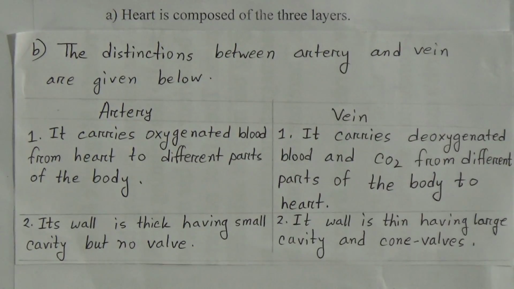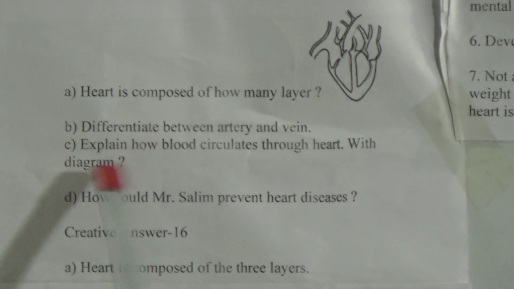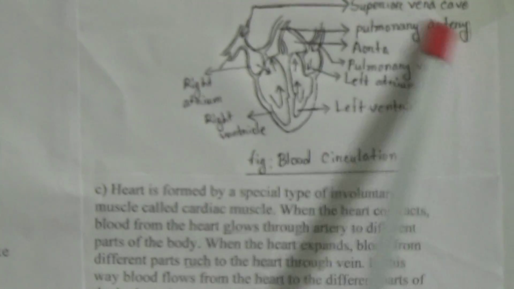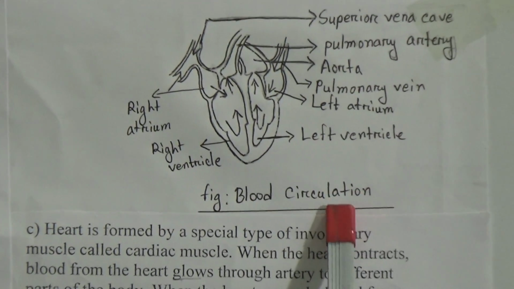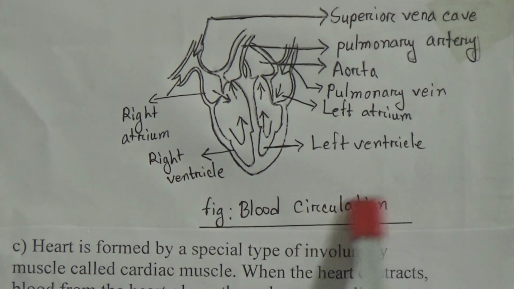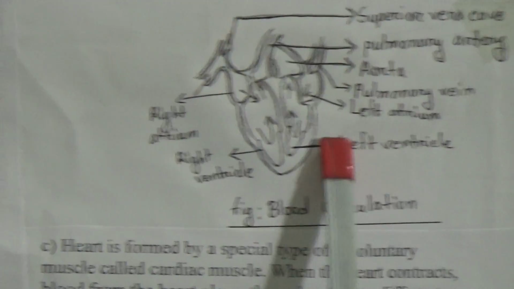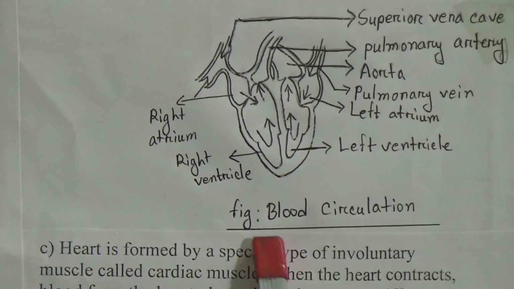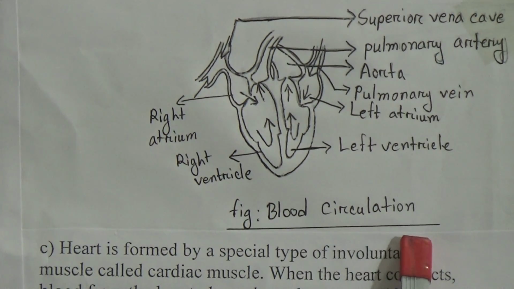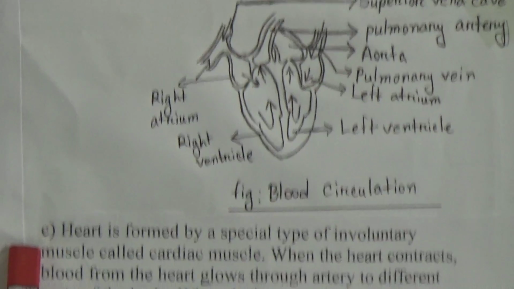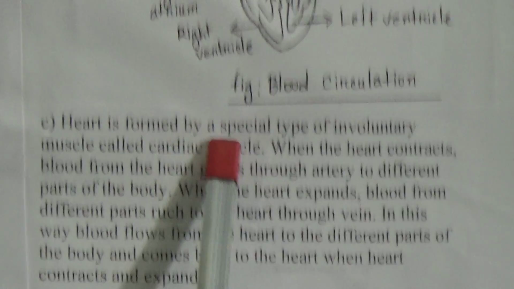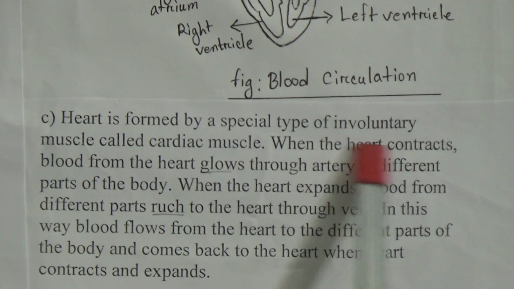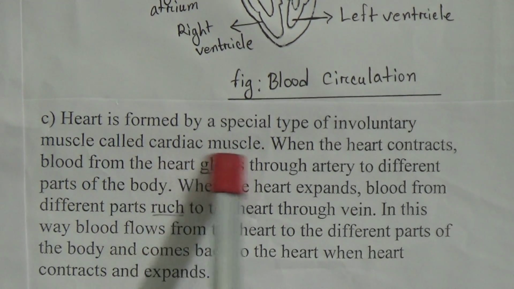Now, the C number answer. The C number question was, explain how blood circulates through the heart with a diagram. We have drawn here a diagram of the heart, and you have to draw this picture with labels, and you have to draw it this way. This is the blood circulation of the heart, and the answer is, the heart is formed by a special type of involuntary muscle called cardiac muscle.